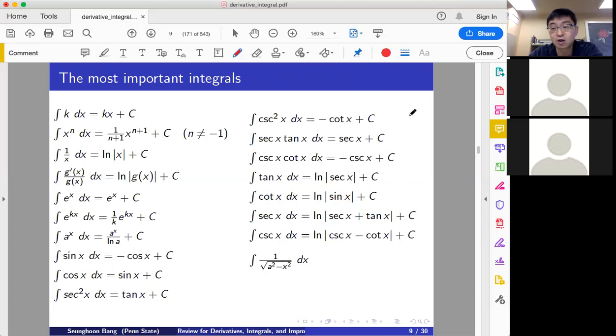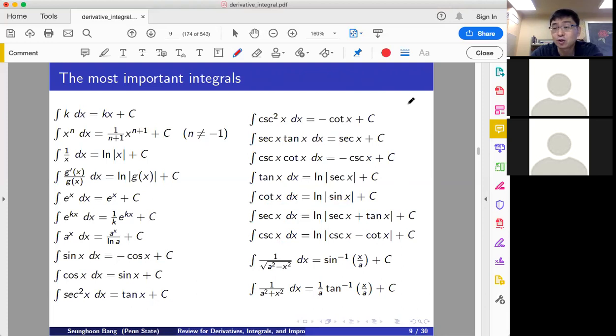The integral of 1 over square root of a squared minus x squared is inverse sine of x over a plus c. The integral of 1 over a squared plus x squared dx is 1 over a times inverse tan of x over a.